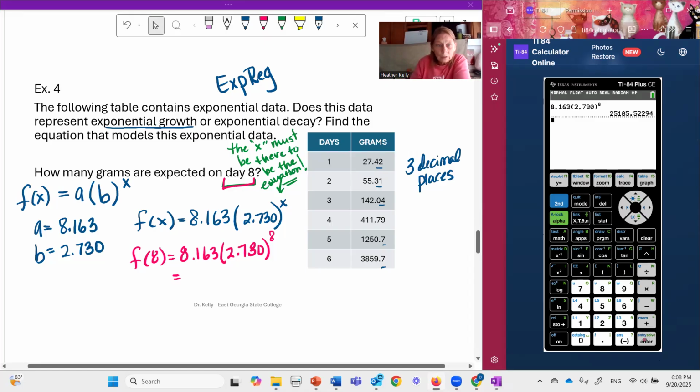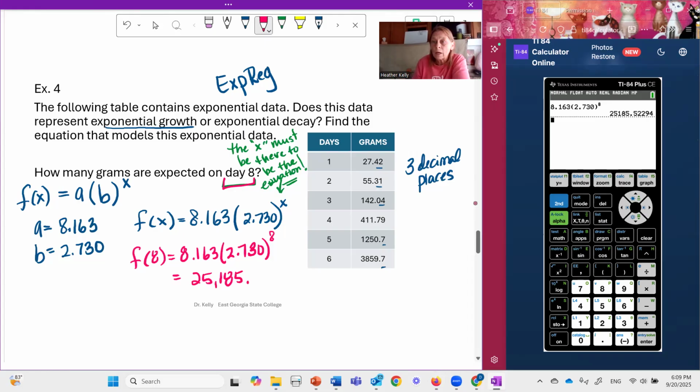And we're going to need to go out. Let's see, we're 3 decimal places, so 4 because we've done another calculation. So this is going to be 25185.5229.